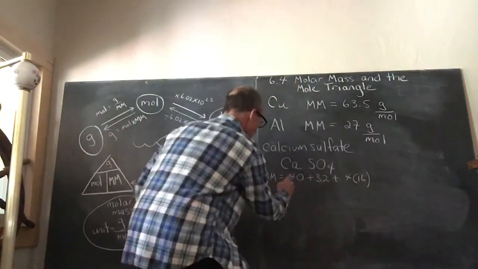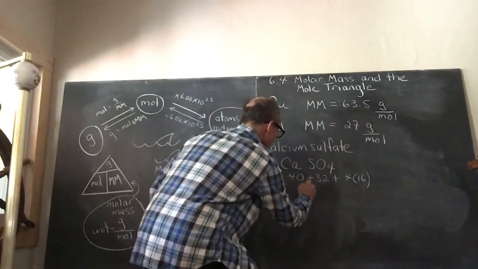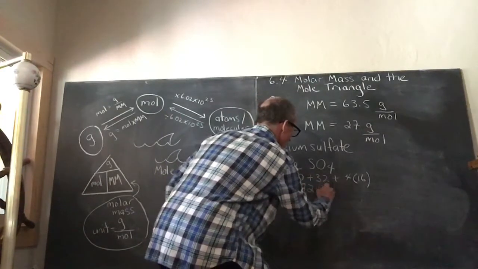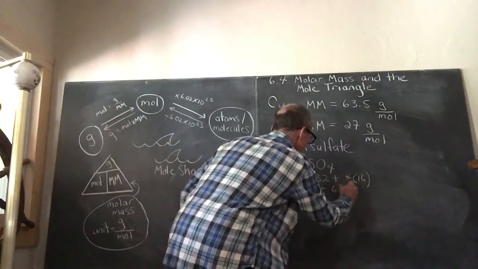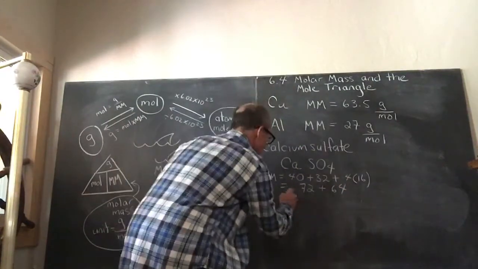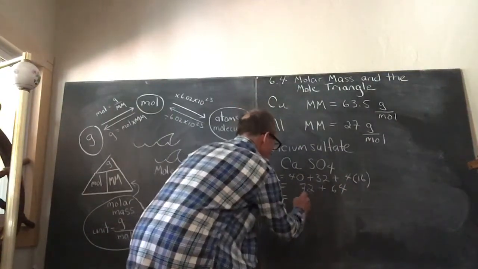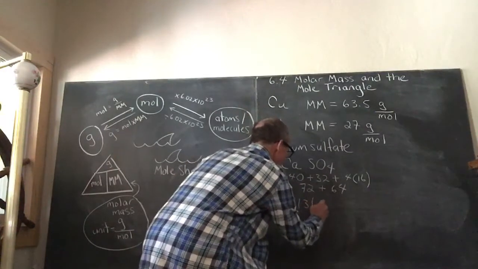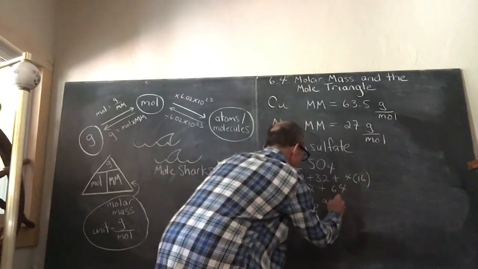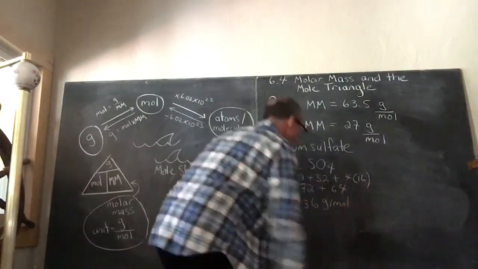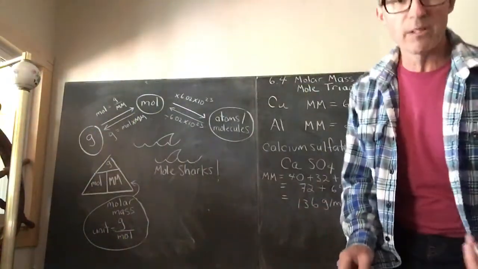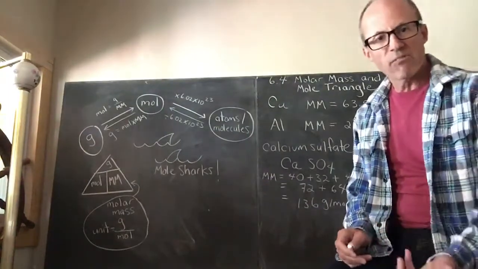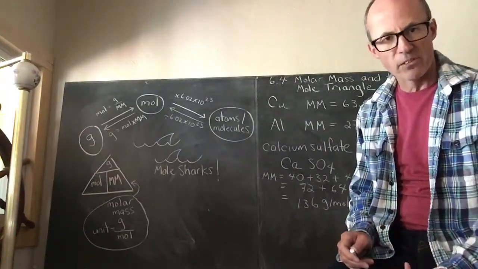And if you do your math, you can see we have 72 plus 4 times 16 is 64. And simply enough, this is 136 grams per mole. So again, we can find the molar mass of an element very easily. We can find the molar mass of a compound very easily.